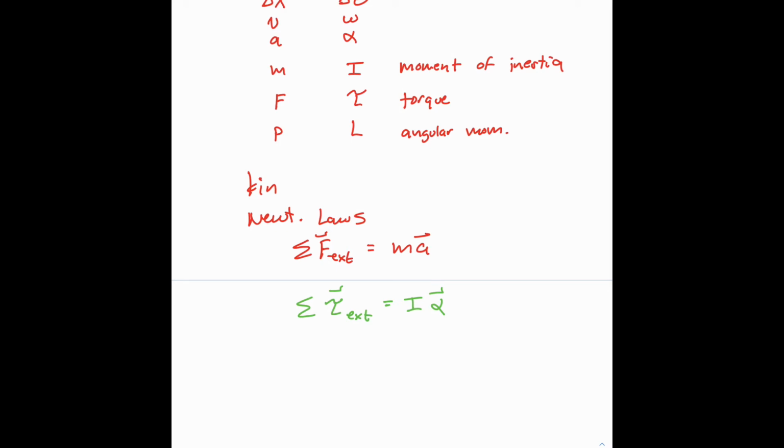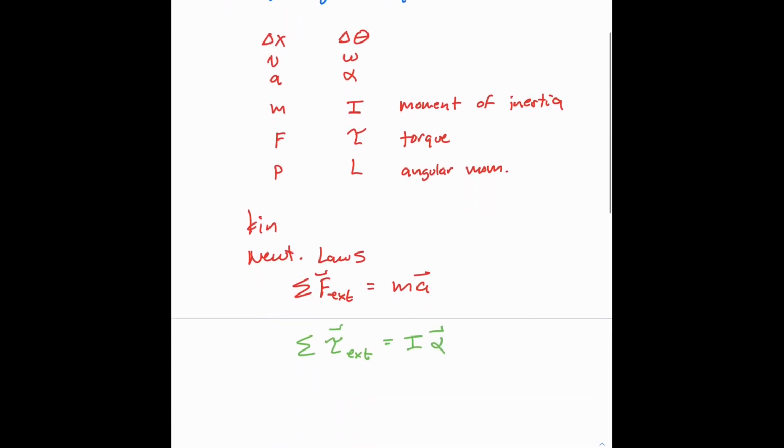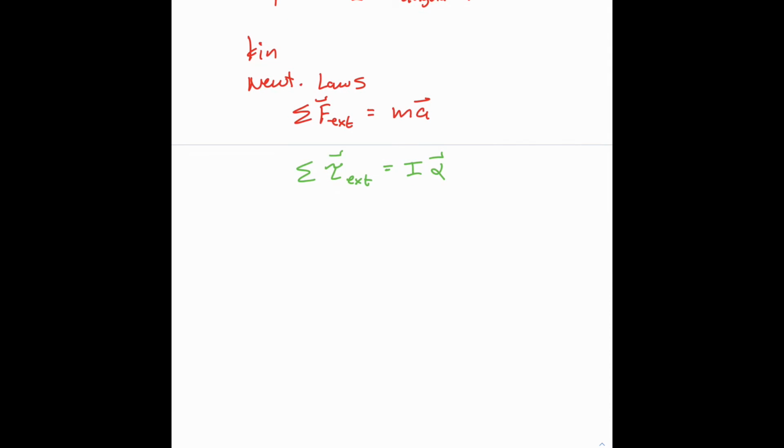In our study of work and energy, not only did we learn about rotational kinetic energy versus translational kinetic energy, when we were first studying energy, we learned how to calculate work. We said work is equal to the integral of F dot ds.